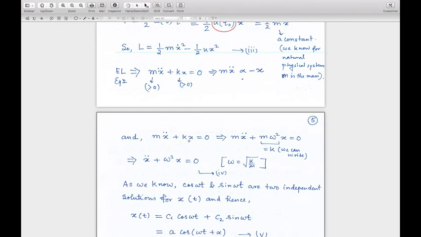I can write that k will be proportional to another positive quantity, which is the mass, and I just say that the ratio of the two will be omega square. Then I can easily write this equation finally: x double dot plus omega square x is equal to 0. Look, all of you know how to write the equation for a simple harmonic oscillator and how to solve that.